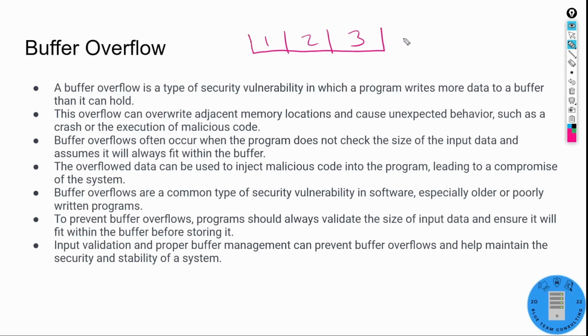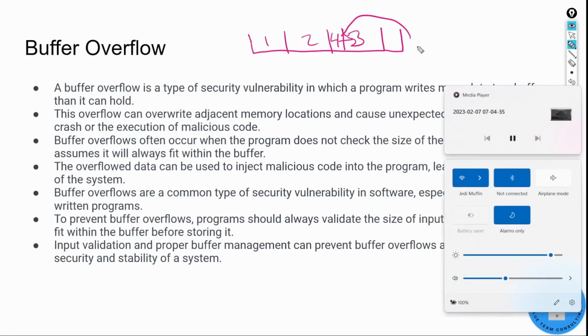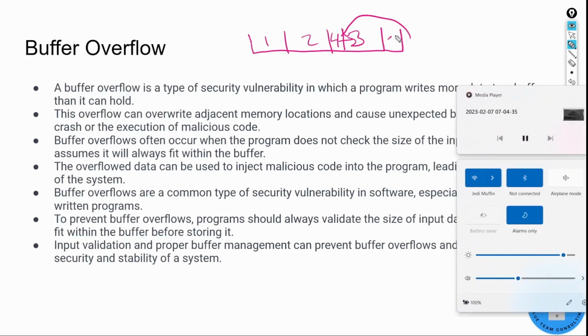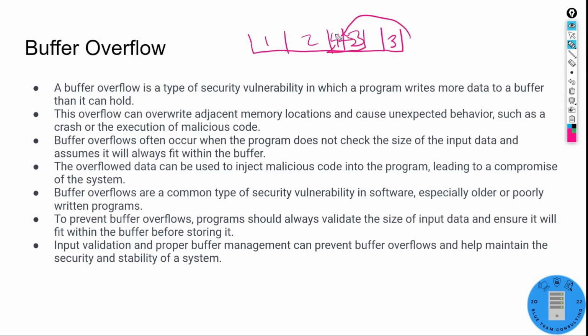If I try to write in a 4th segment here, it may push the buffer beyond what is supposed to be allocated for it, and it could overwrite section 3 with whatever I'm pushing into the buffer, whether that's my malicious code that I want to write and have execute or overflow the memory, it will kind of expand the buffer and overflow it so that maybe 3 is over here now, and 4 is taking up this space in the buffer now.